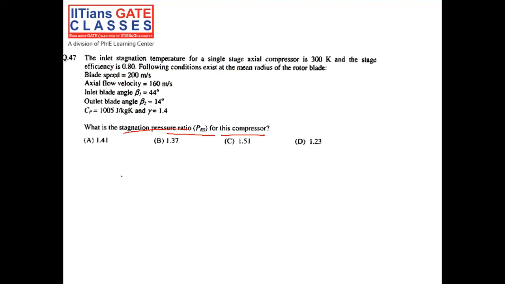So if we just draw the velocity triangle for this flow at the single stage axial compressor, it will be something like this. Though drawing the velocity triangle is not required for this particular problem, but still for understanding, if we draw the velocity triangles, it will be something like this.